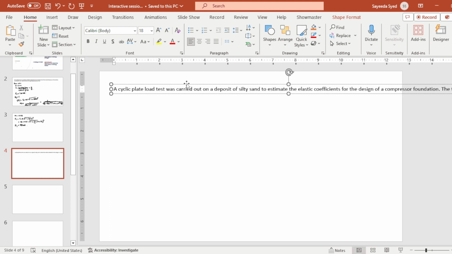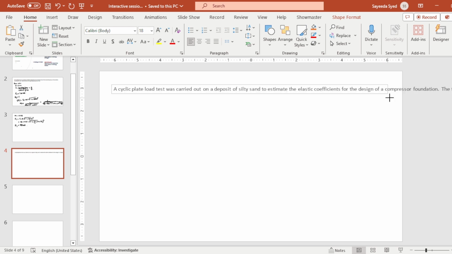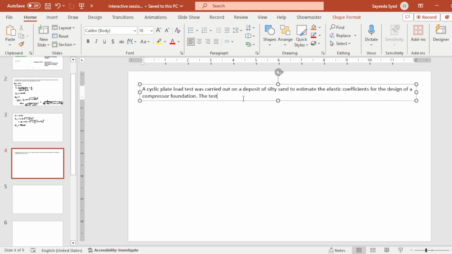The test was carried out at a depth of 3 meters using a 30 centimeter test plate.